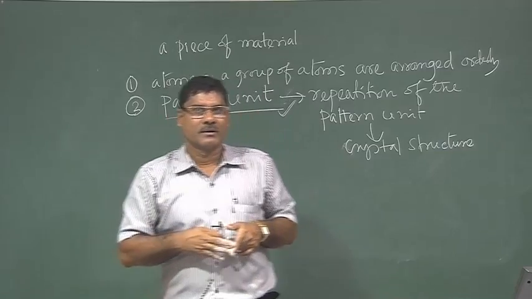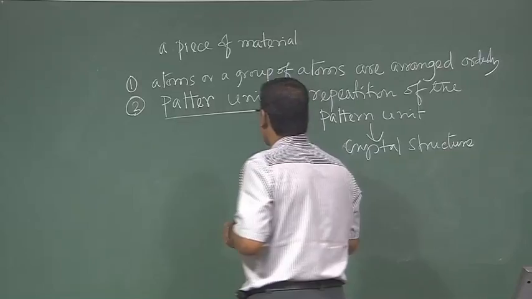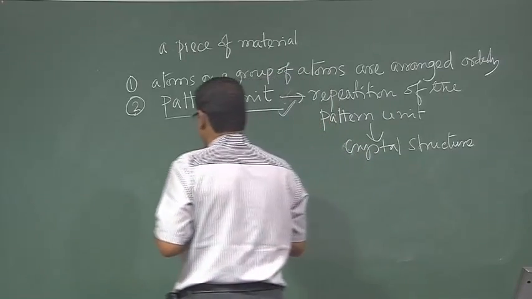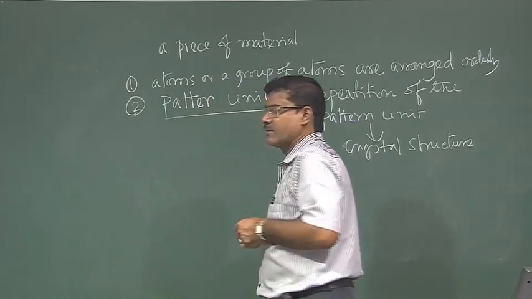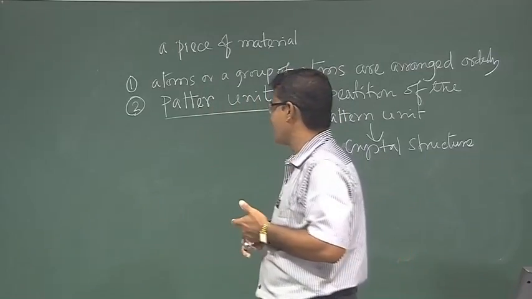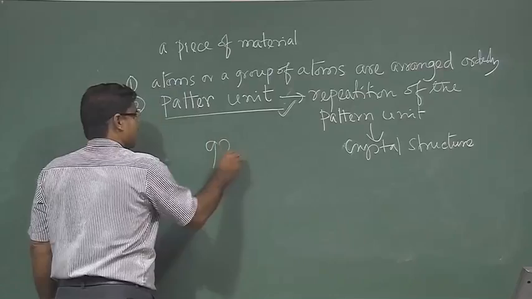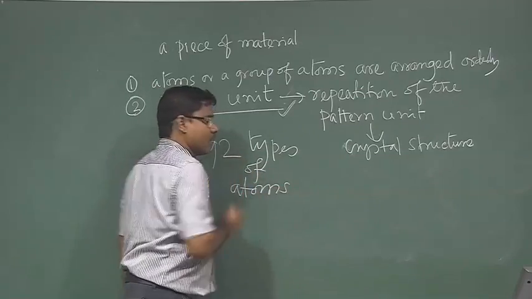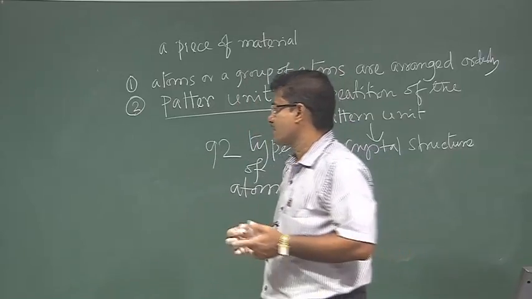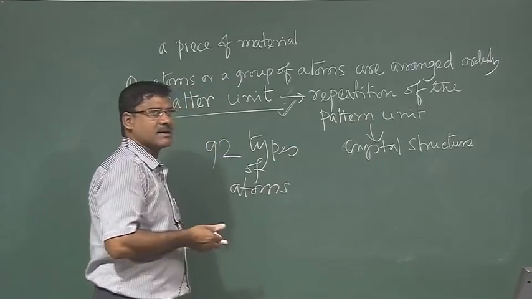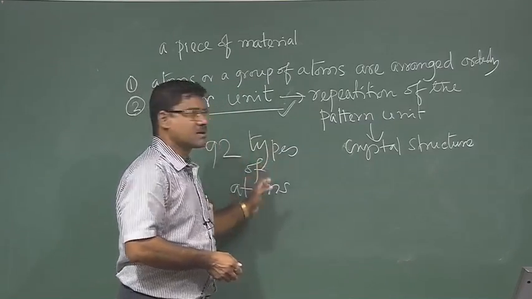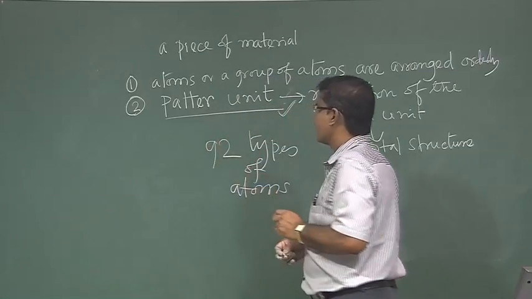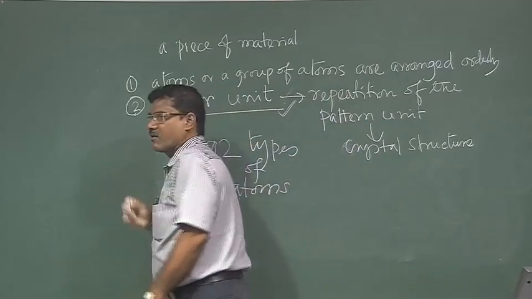So whether for each material the pattern units are different, or there is some limit in the number of pattern units. The answer is similar to the number of atoms, as we discussed earlier, that only 92 types of atoms form all matter. Thousands and millions of materials exist in the world, but all are made of only 92 types of atoms. Similarly, the crystal structures of materials have a few pattern units.